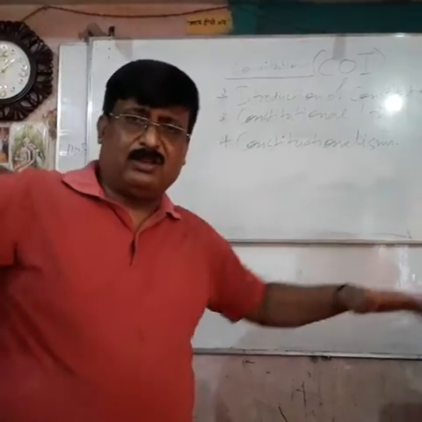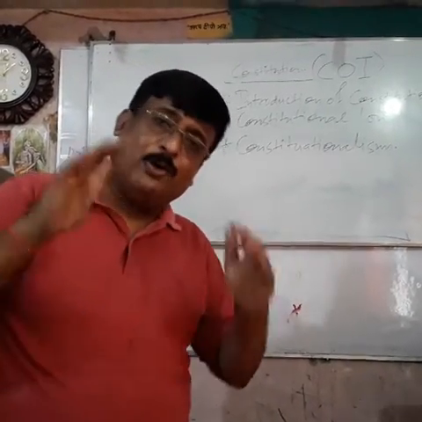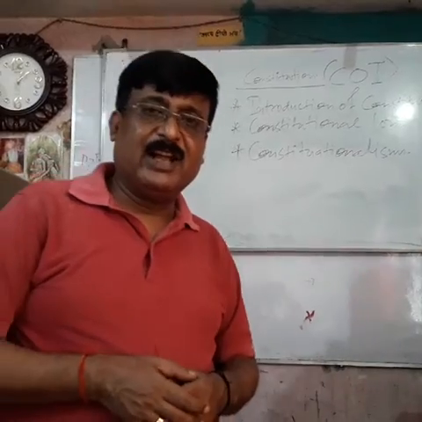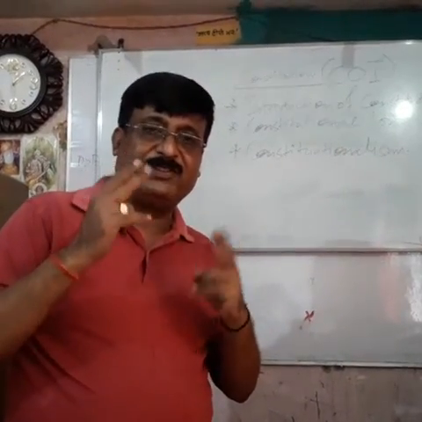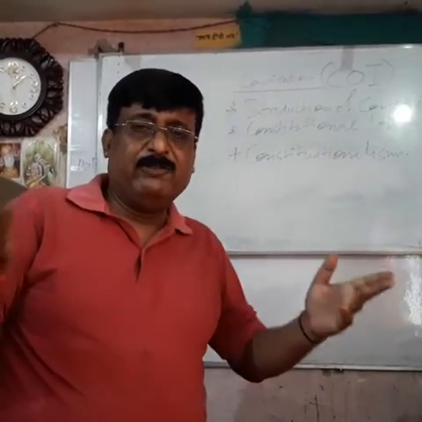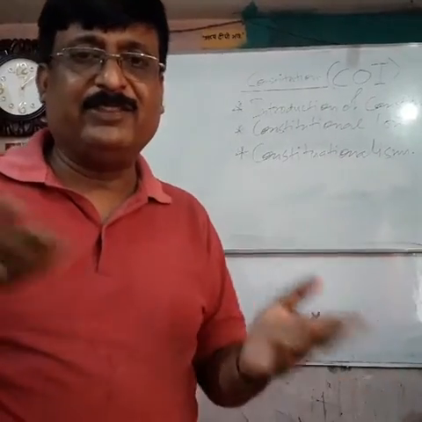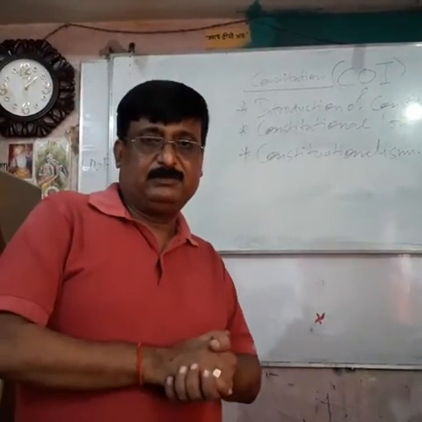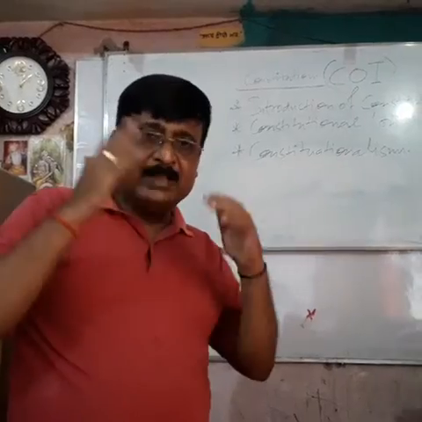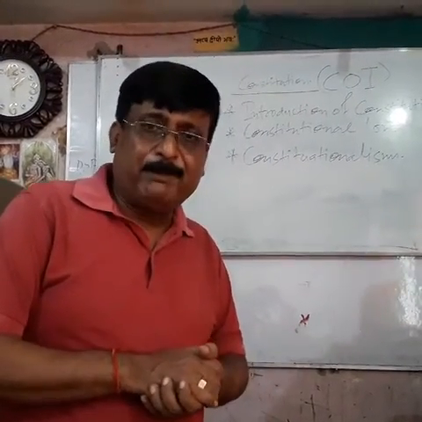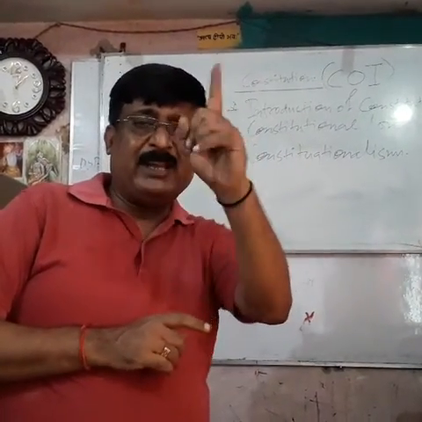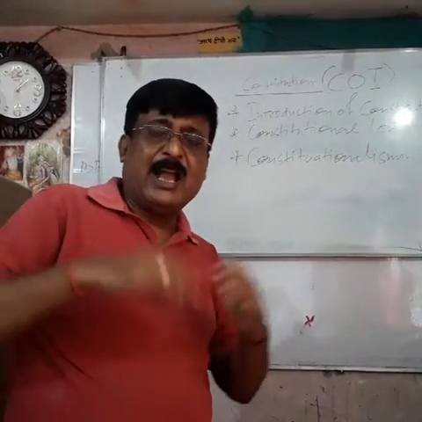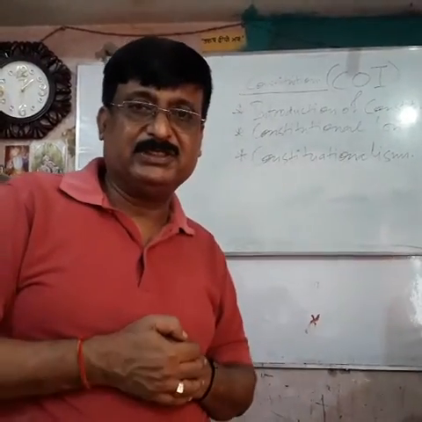The whole audience and the spectators are crossing their fingers: who will win, India or Pakistan? In the meantime, the umpire gives one Indian player out and Pakistan wins the match.